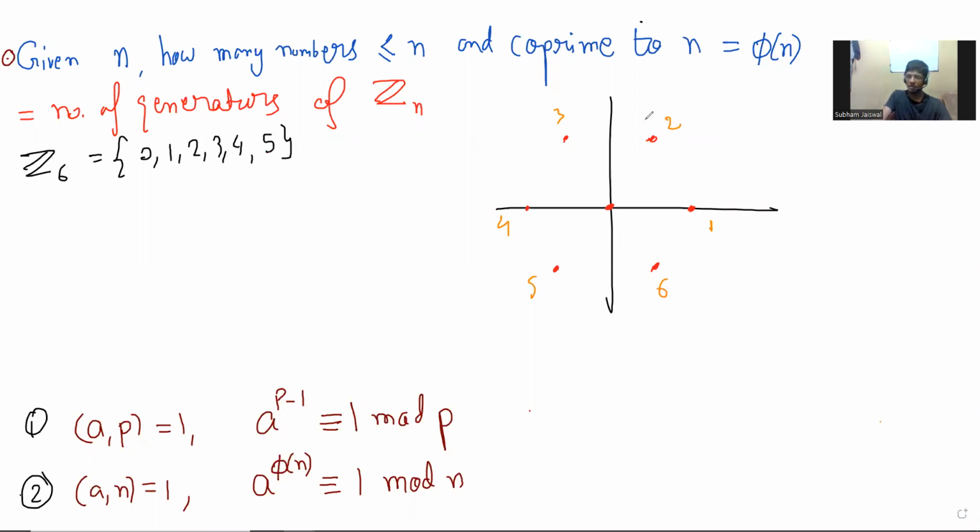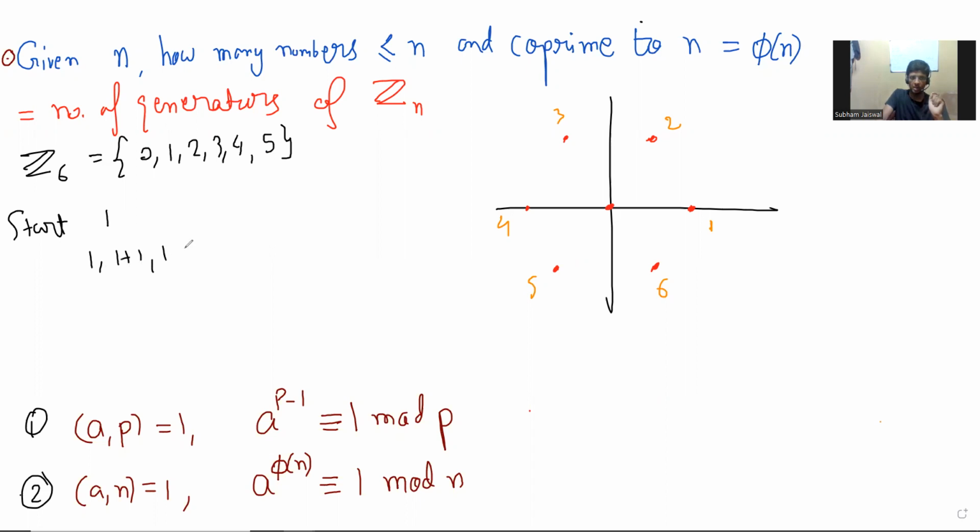And here we have 6 vertices, and the goal is to cover all the vertices by the move. Here the goal is to cover Z6 by a move, where the move is just start with the number and add the number to itself, right? So here we know that if you start with 1 and add 1 to itself, then you get everything.